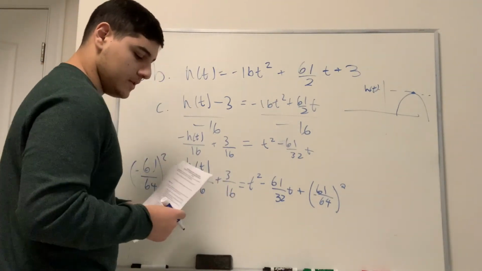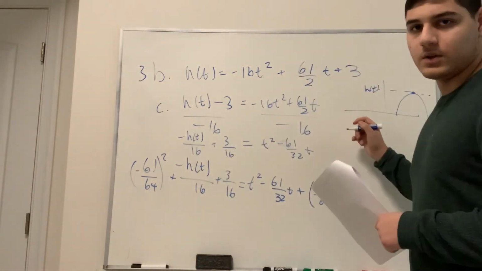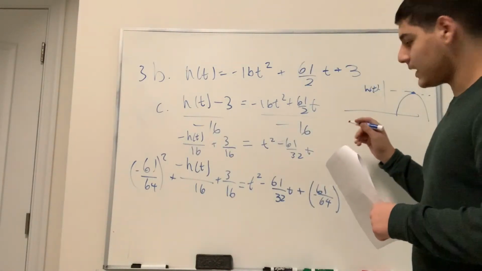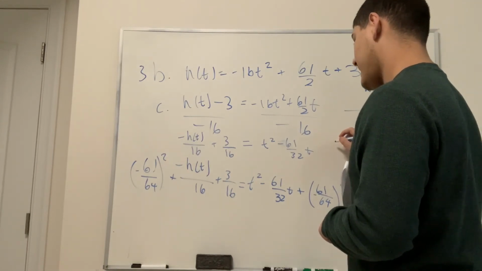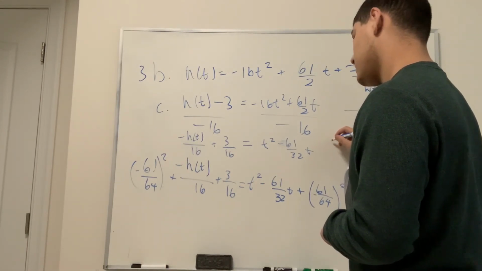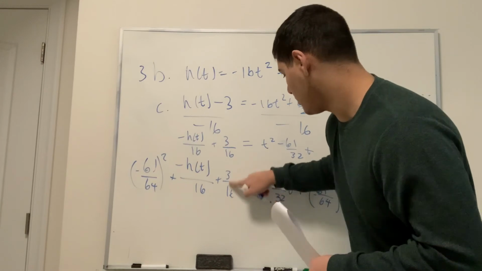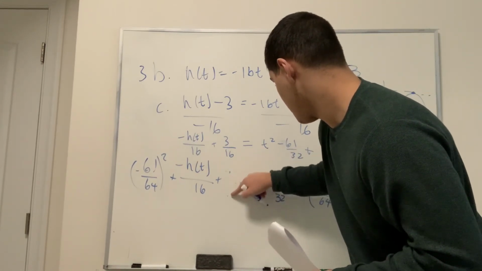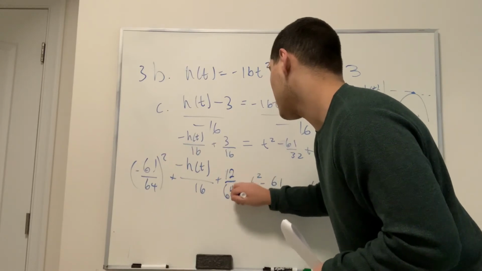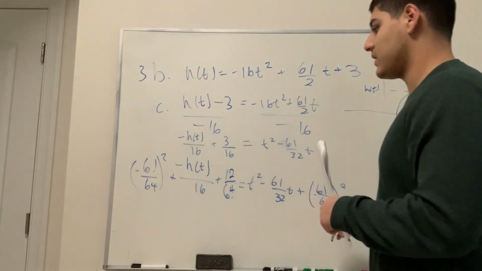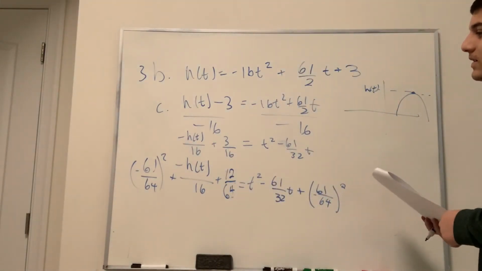And then you'll see that I'm going to add this: 4 times 4, 64, 12 over 64. Oh crap, but I have to square 64 and 61.